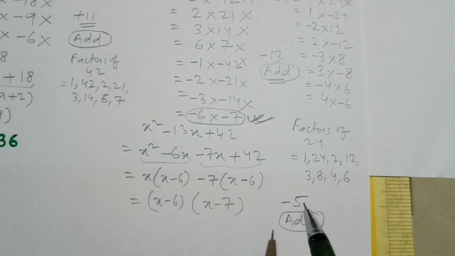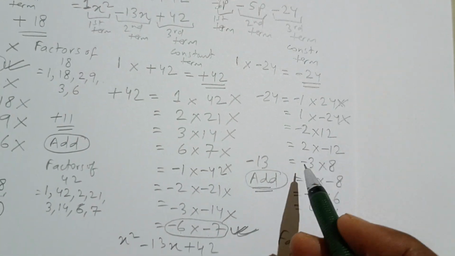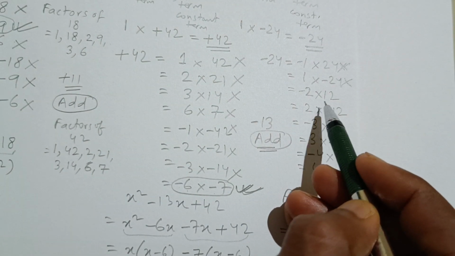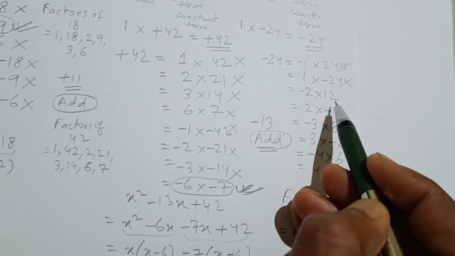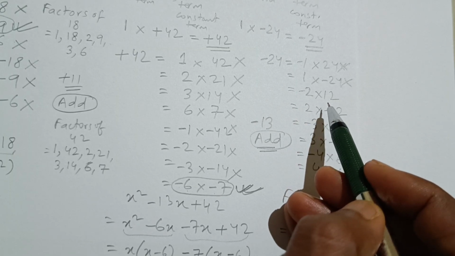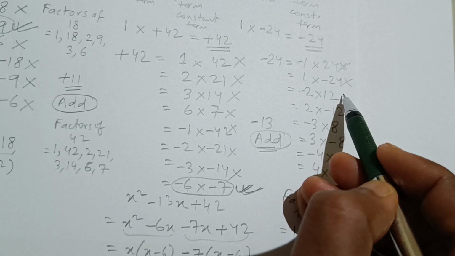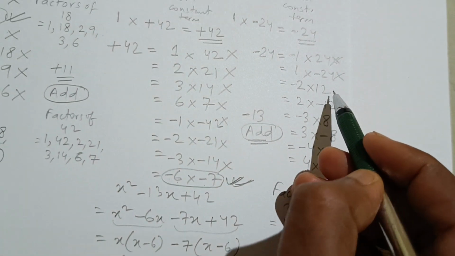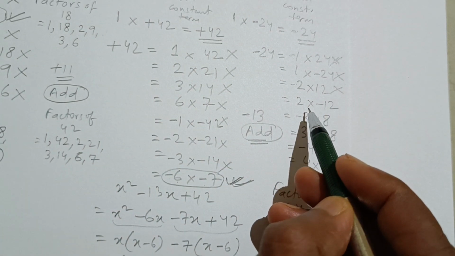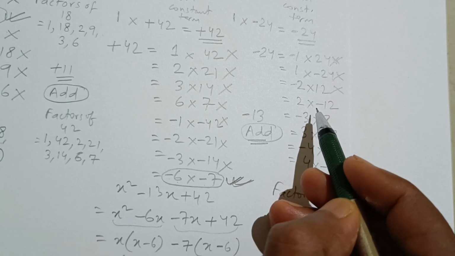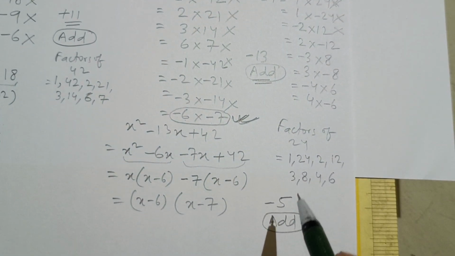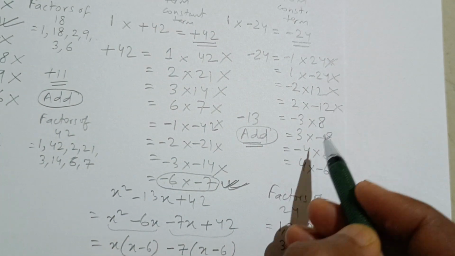No, this is also not that pair. Then minus 2 and 12: minus 2 plus 12 is plus 10. No, I want minus 5. And 2 and minus 12: 2 minus 12 is minus 10. No, this is also not the pair.